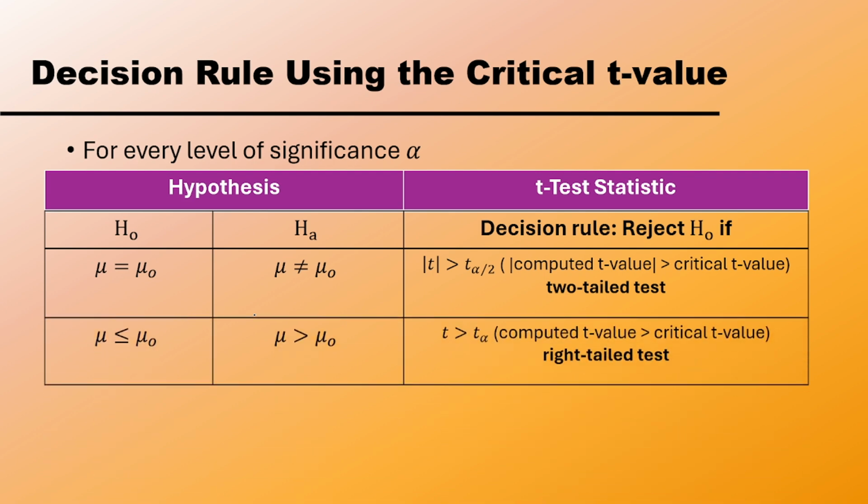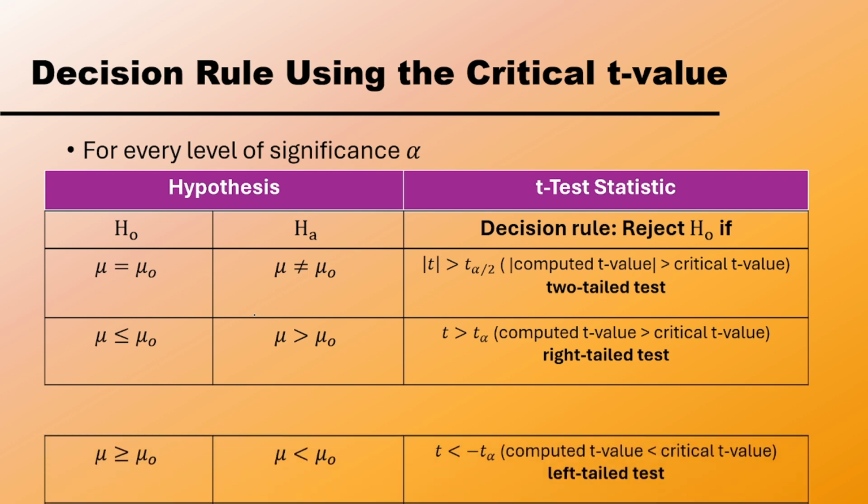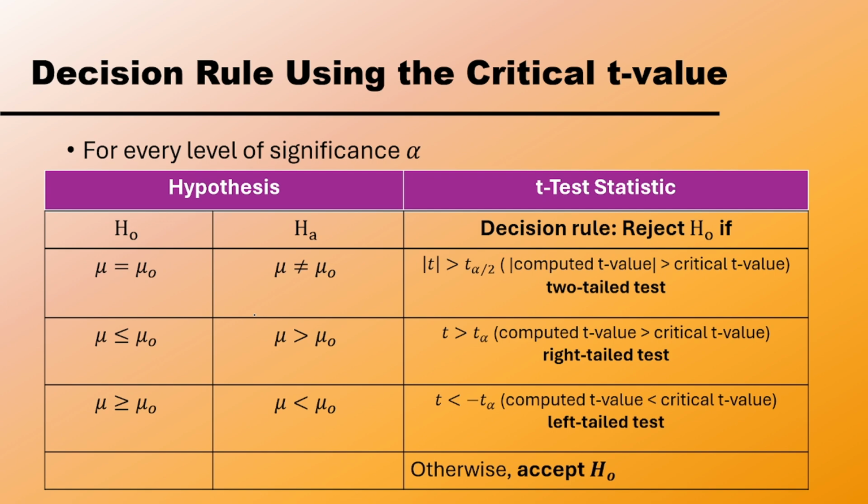Kung right-tailed naman yung test, ibig sabihin ganito yung setup ng hypothesis natin, less than or equal to sa Ho pero greater than sa Ha. Ang decision rule natin is reject Ho if yung computed value ay mas malaki kaysa sa critical value. And finally, if we have a left-tailed test, it means that for the Ho, ang symbol natin is greater than or equal to, pero sa Ha naman is less than.